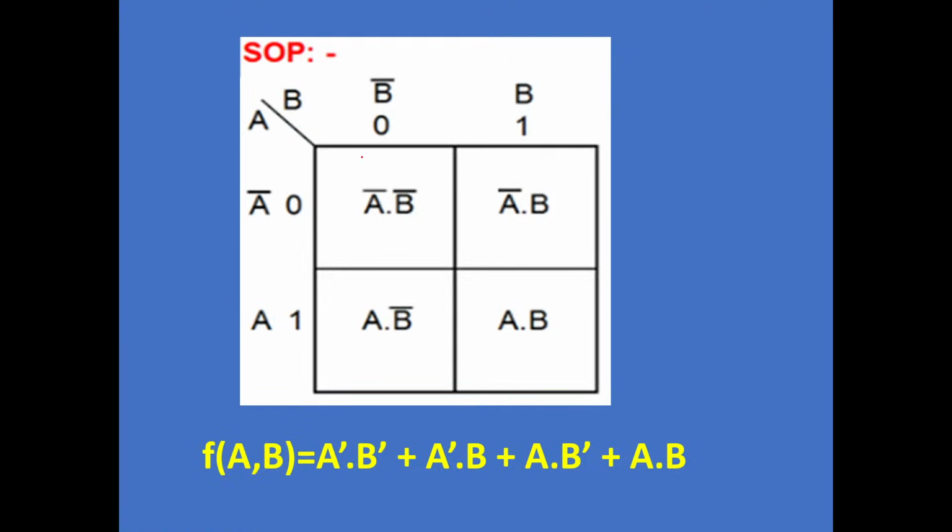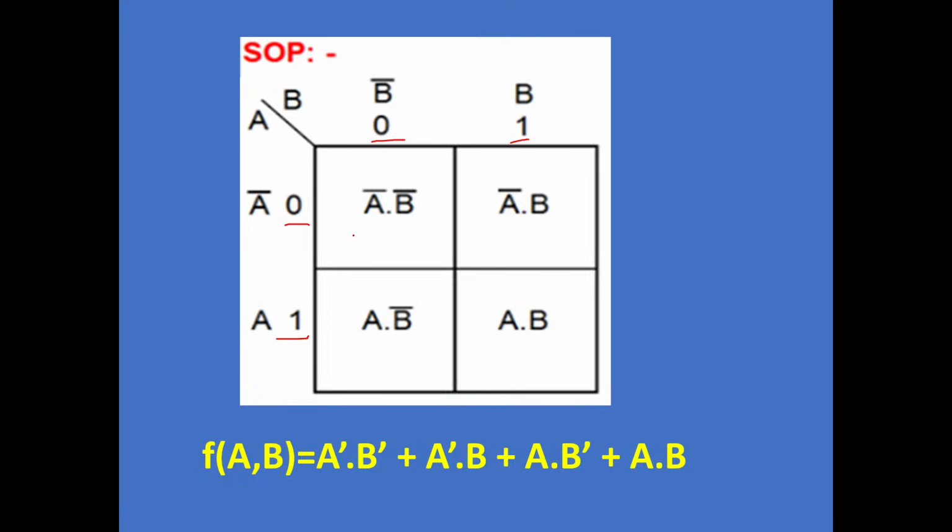So here total four boxes are there. Write A, write B: above the first box write down B bar, and after that write down B. On the side, write down A bar, next write A. Here B bar means 0, B means 1, A bar means 0, A means 1.